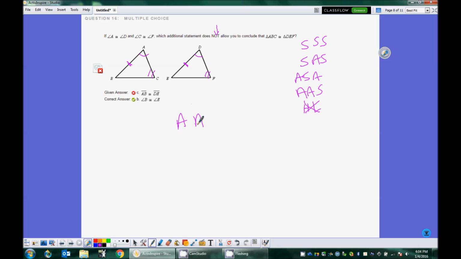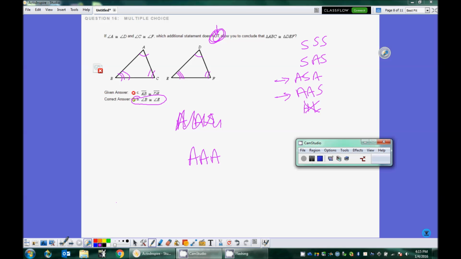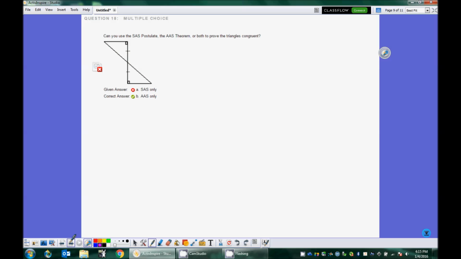I see what I did. Ignore my last comment. So A, B, and D congruent, that means I've got 2 pairs of angles, and the side is not in between. If they gave you AC and DF, then the side would be in between. Either way, both of those are on my approved list. But I was trying to find which does not. Okay? So instead, let's look at B. That means I have 2 pairs of angles. That was not on my approved list, so that is the one that didn't work.